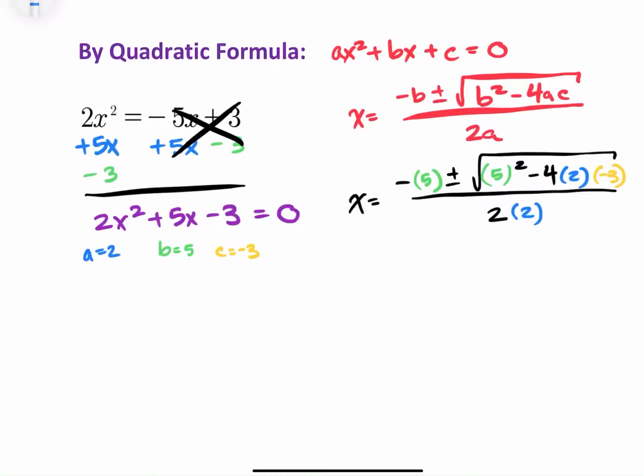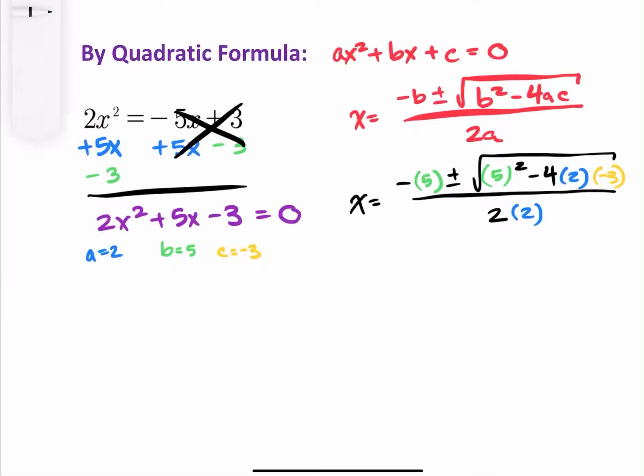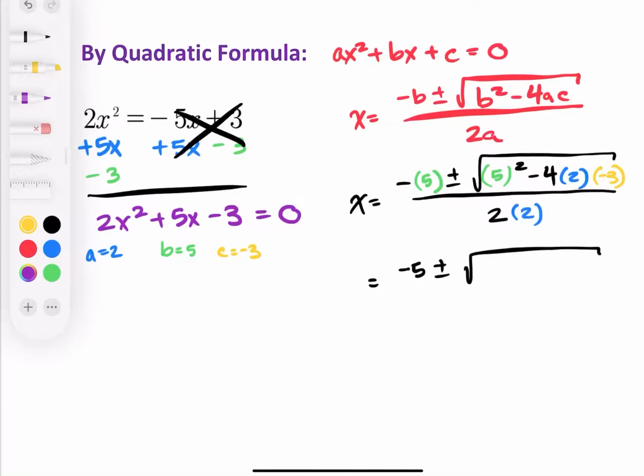Now we're going to solve it little by little, because we don't want to make any careless errors. I'm going to keep that negative 5, plus or minus the square root. I'm going to highlight this part here: we're going to do 5 squared, and negative 4 times 2 times negative 3. We're also going to do this 2 times 2.